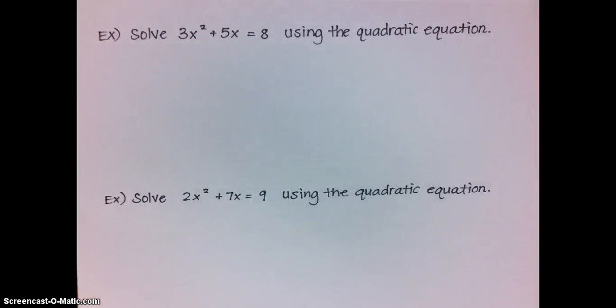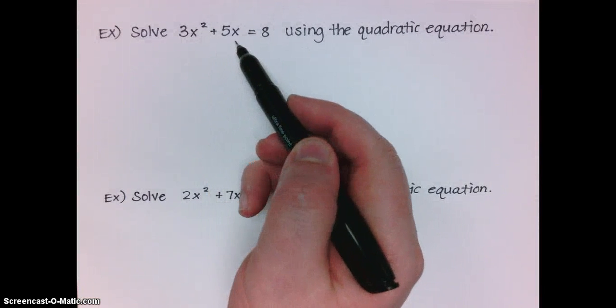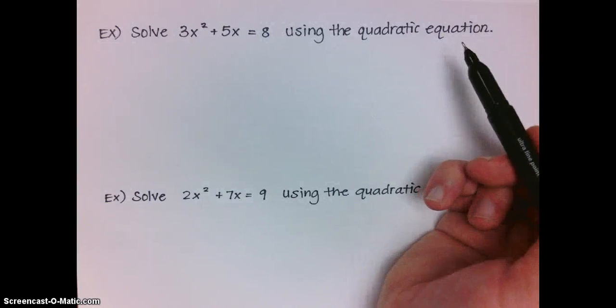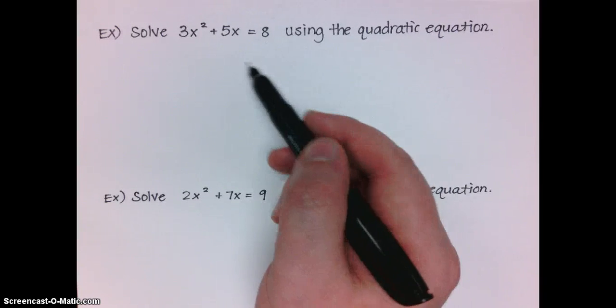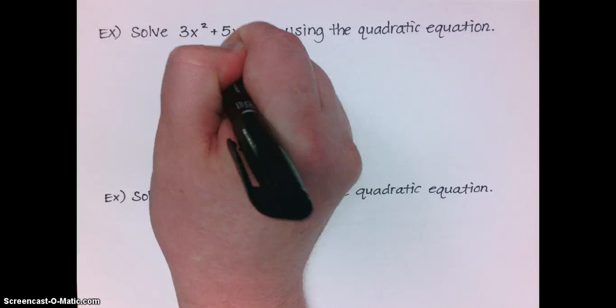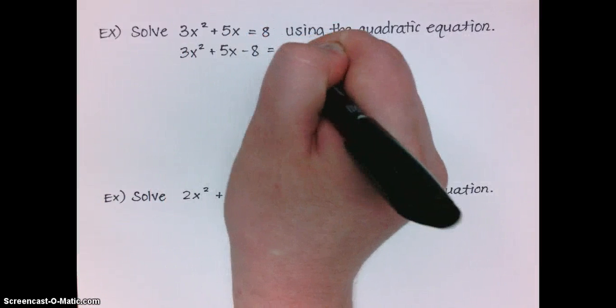So at the beginning, I have one set up for you. It says solve 3x squared plus 5x equal to 8 using the quadratic formula. So first of all, what we need to do is set it equal to 0 and move the 8 to the other side. So I'm going to rewrite it: 3x squared plus 5x minus 8 is equal to 0.